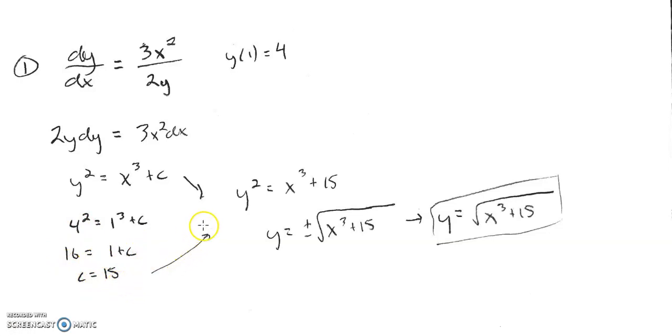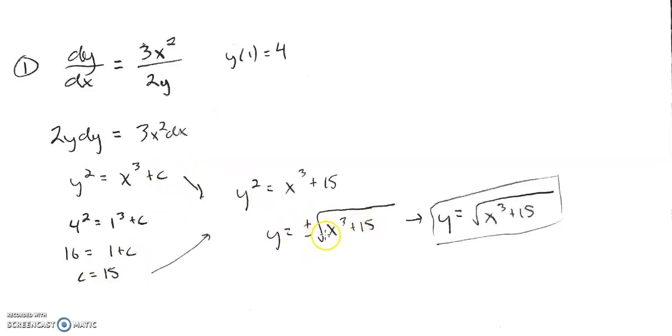From there, I'm going to use that over here, and I'm going to combine it with the line before I started solving for my c. So I take this, and that gives me y squared equals x cubed plus 15, my c value. All I did was change the c to 15. From there, I square root.